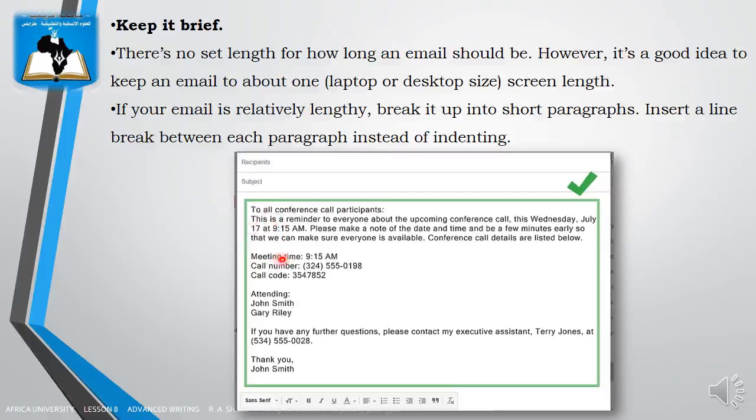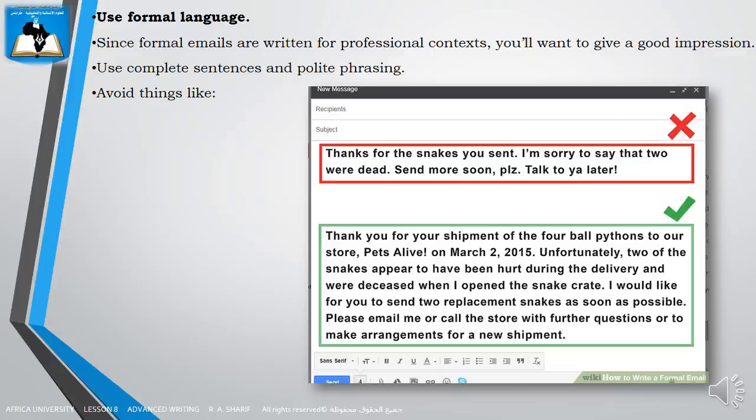The writer here broke it up and tried to make each paragraph separate from the other, to make the information clear to the reader, okay? So this is a sample for a long email, but you need to keep it brief as much as you can.